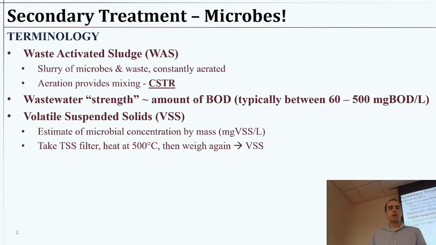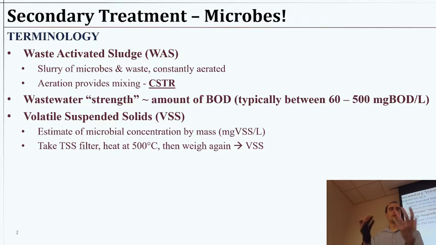Okay, last term here then would be volatile suspended solids. This is our method of measuring the mass of bacteria. It'd be very hard to weigh an individual bacterial cell. And there comes the question, do you dry it first? And once you dry it, it's kind of not going to be there hardly anymore. So the way we do this is we take a filter or a sample of water and we dry it completely.